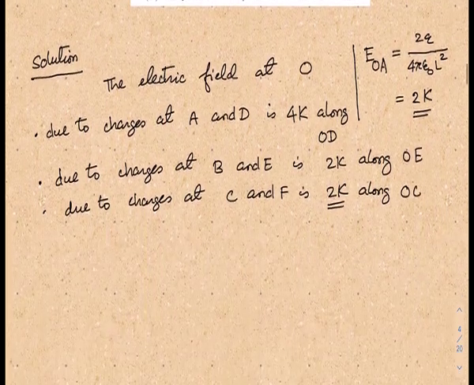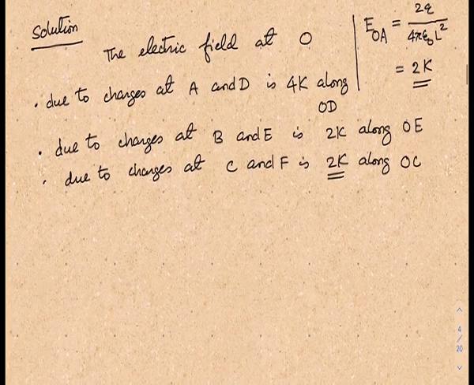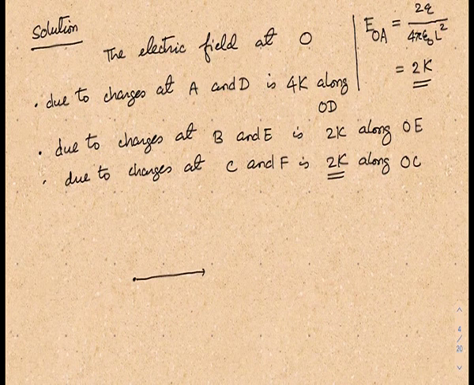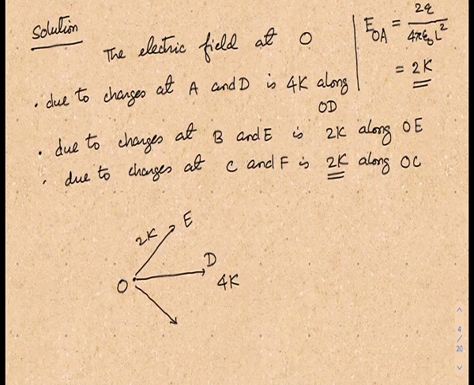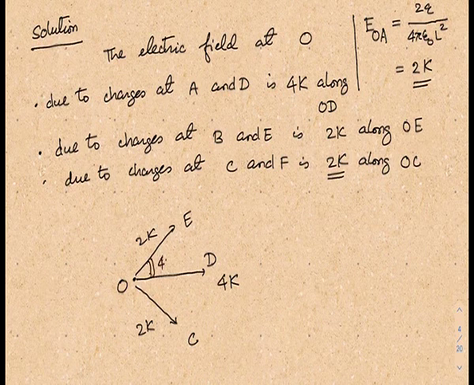So pictorially speaking, one field is along OD, that is 4k, another one is along OE, that is 2k, and another one is along OC, and that's also 2k, and you see that this angle is basically 45 degree.